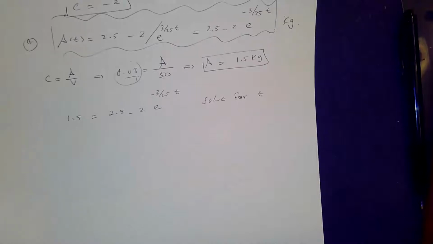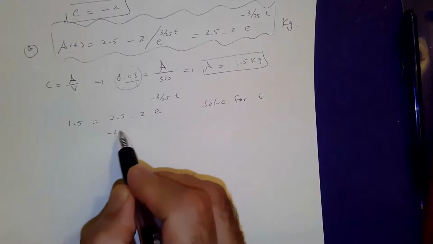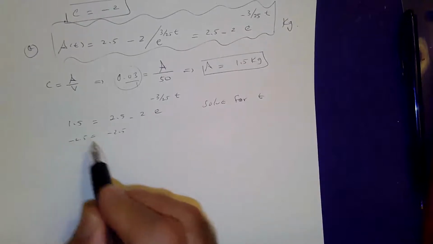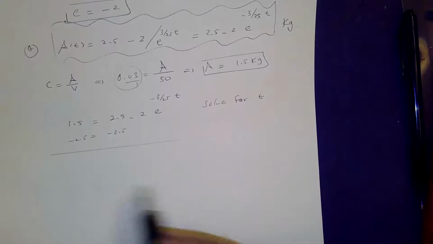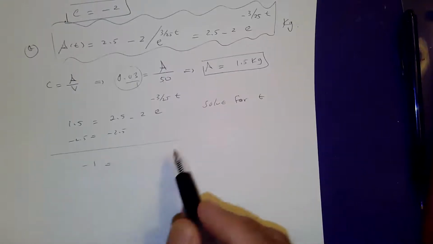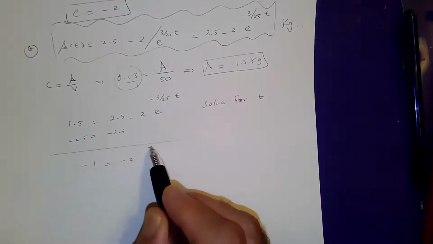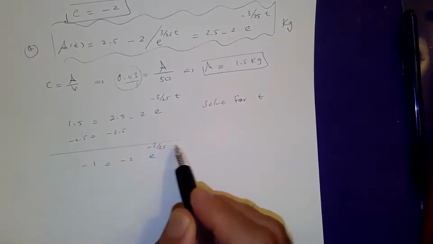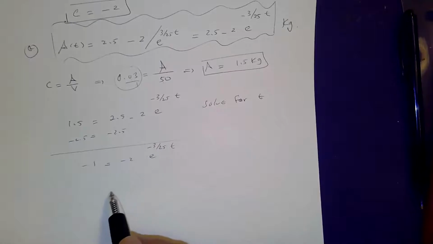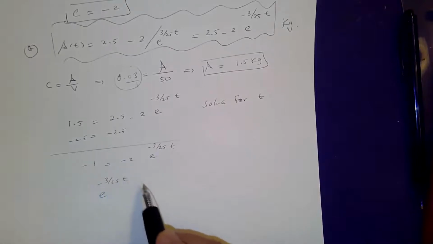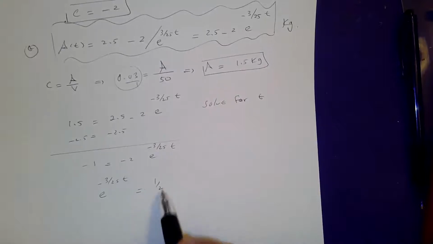How do I solve this, you ask? Well, I subtract 2.5 from each side. And what would that give me? Is that like -1, -2? Is that right? And that's e to the power of -3 over 25t. So this gives me e to the power of -3 over 25t is equal to 1/2.